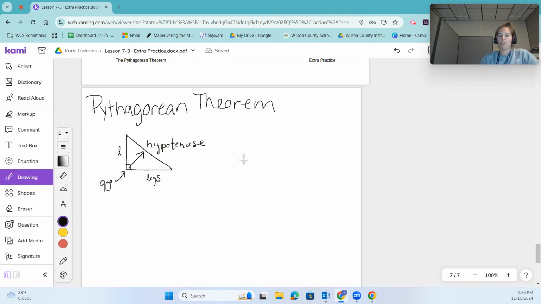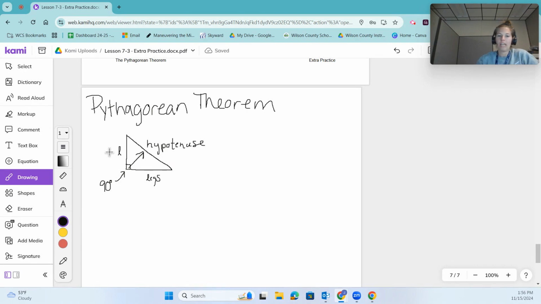Now the relationship between these is that the squares of the two legs will add up to equal the square of the hypotenuse.